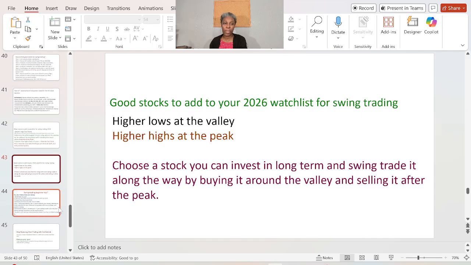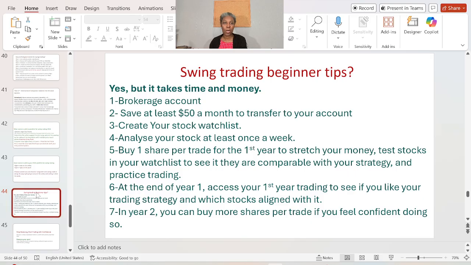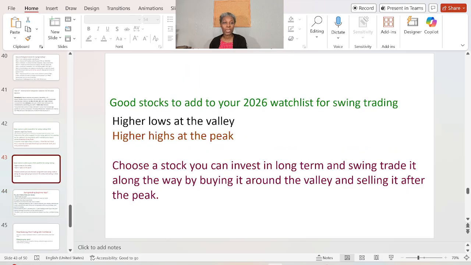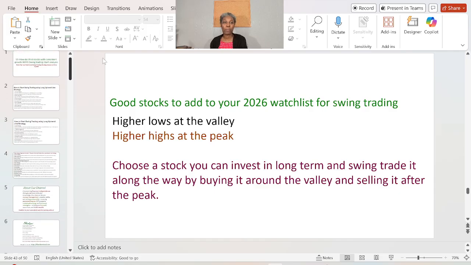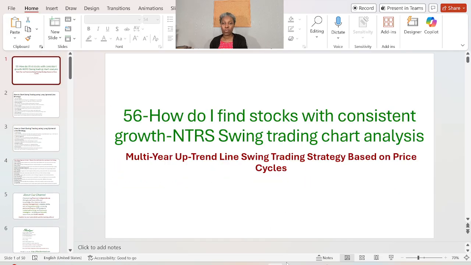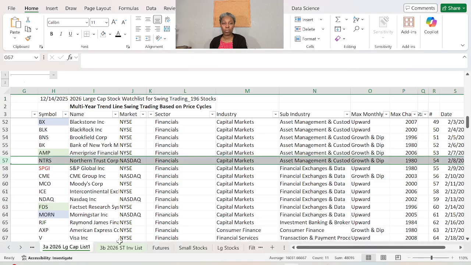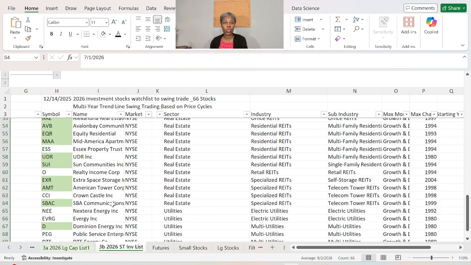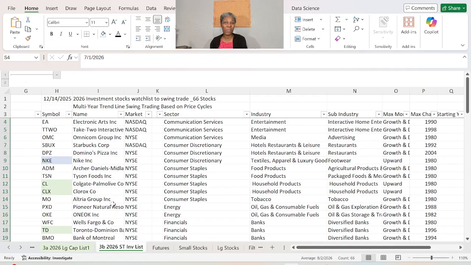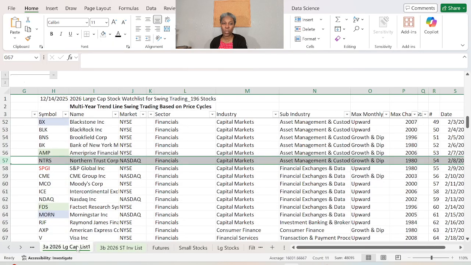Now all stocks on my watch list meet that requirement, and I can use that as a benchmark to compare other stocks to, because some stocks will have very good growth and some will have slow growth, and I tend to have two lists this year. One is slow growth, considered more like investment type, because you hold on to them for years, and they are growing slowly. And some of them have good growth in them.